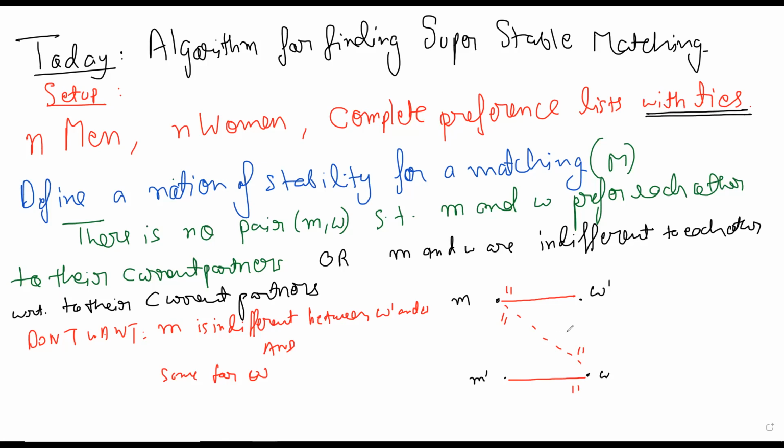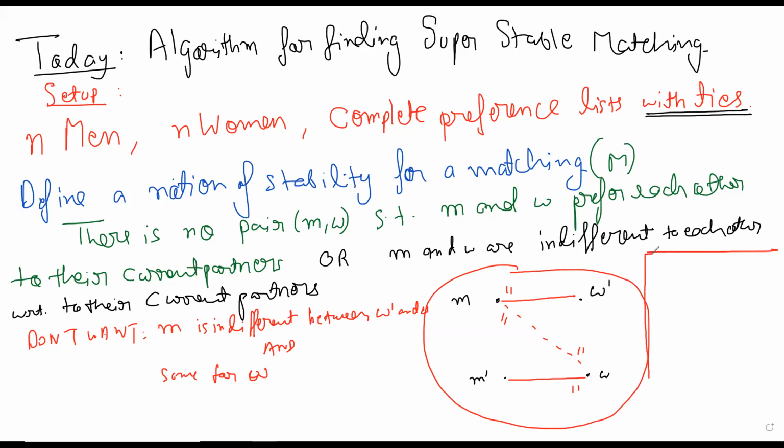Though it depends on the context, it depends on what is the goal, what we are trying to model, and so on. But we call this an instability. So we do not want this. What we also don't want, maybe I will write that this side.